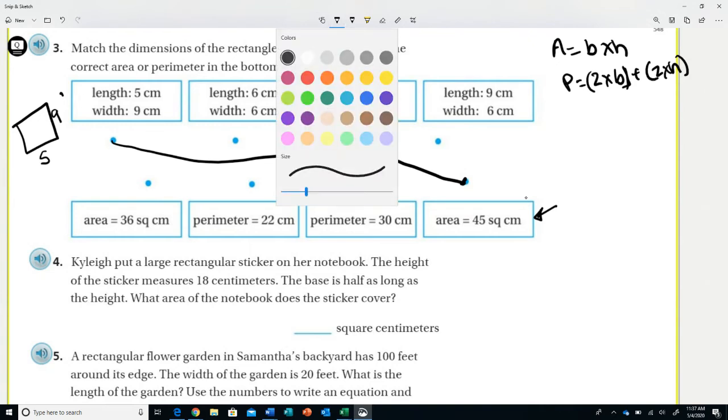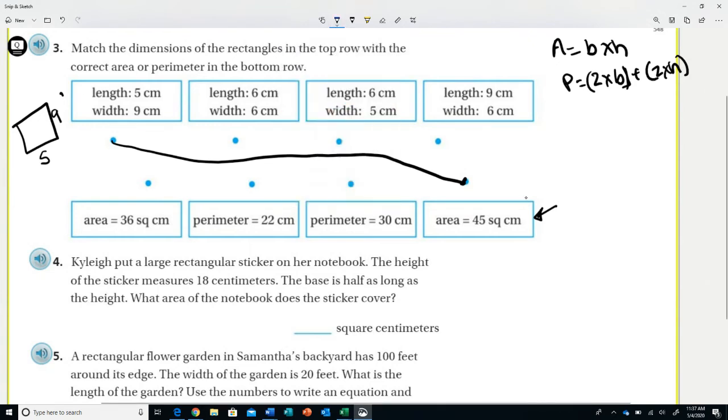So the next one says length 6, width 6. I'm going to change my color just so you know I'm in a different part of the problem. So I know I have what is not a rectangle, but actually a square of 6 by 6 here. I'm going to try perimeter this time. So if I'm doing length and width, that just means it's going to be 2 times 6 plus 2 times 6. So I'm going to have 12 plus 12 is 24.